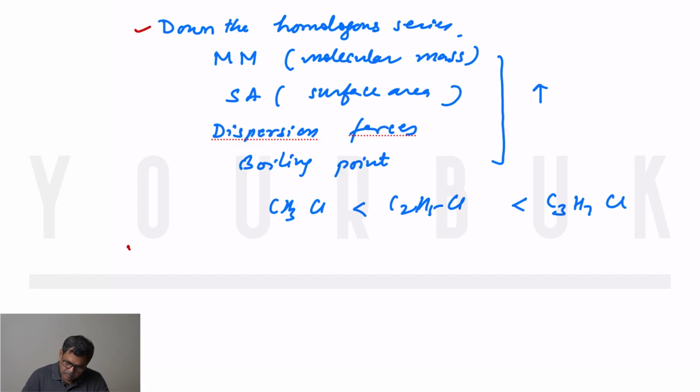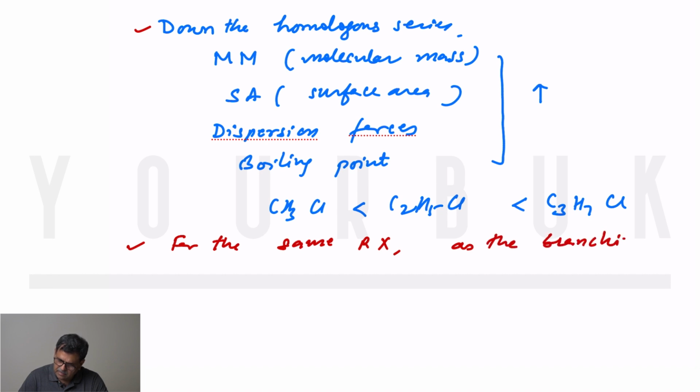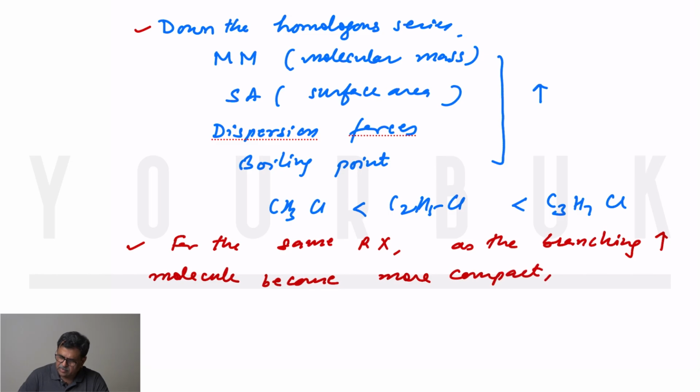Now, next point, for the same haloalkane, this is the effect of branching on the boiling point. For the same haloalkane, as the branching increases, the molecule becomes more compact and tends to acquire a spherical shape.